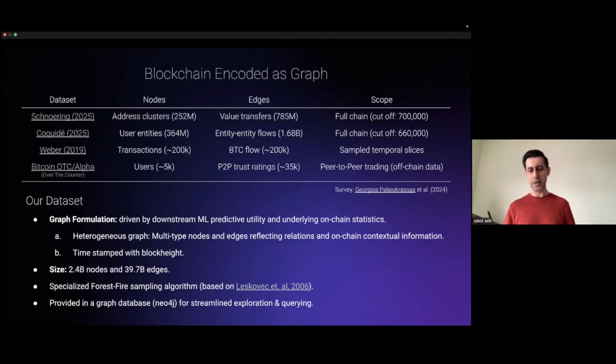One of the experiments that I had was going through common sampling methods like depth first search, breadth first search, or random walks. Because of the nature of this graph, you may not sample representative neighborhoods. So I came across this forest fire sampling algorithm that Jure Leskovec developed a few years ago, in 2006.